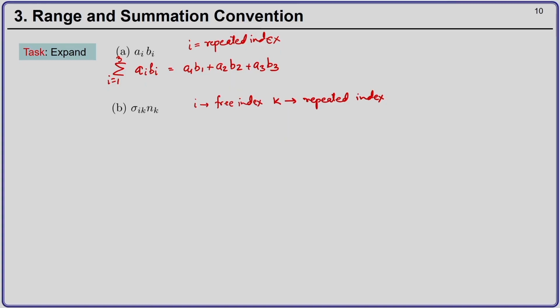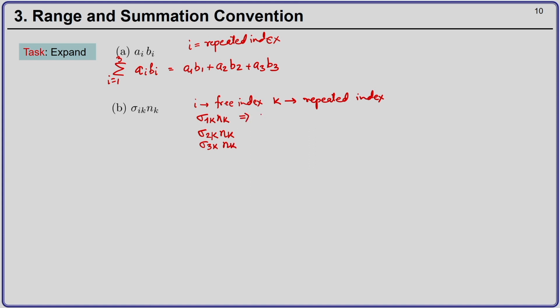Since i is a free index and takes values 1 to 3, this is basically 3 equations: sigma_1k n_k, sigma_2k n_k and sigma_3k n_k.